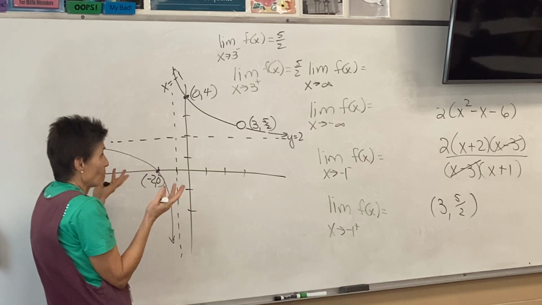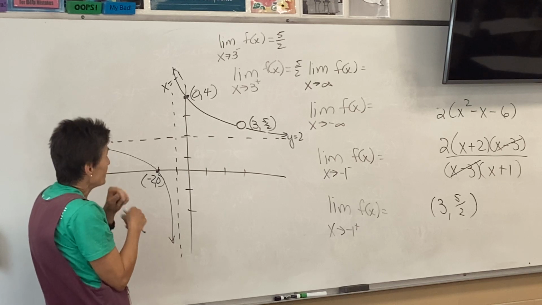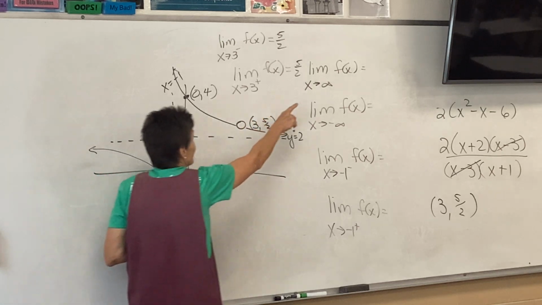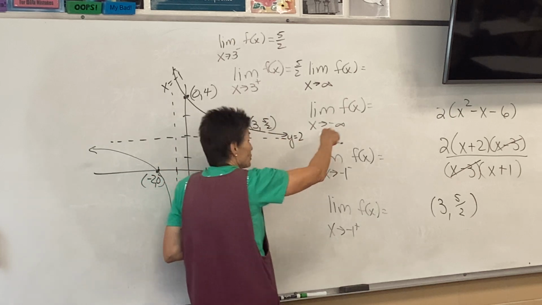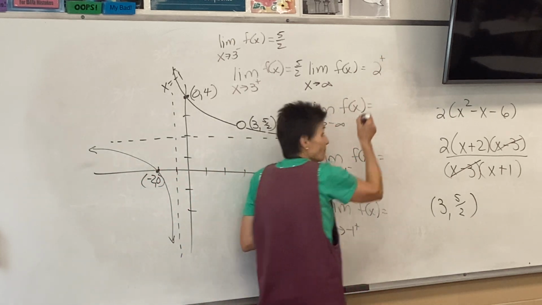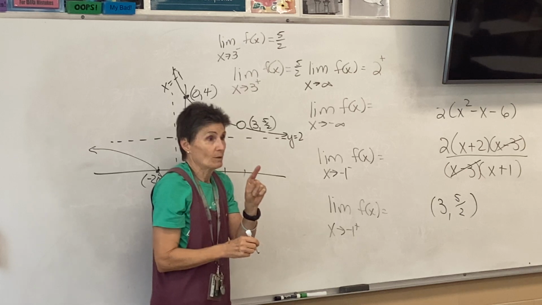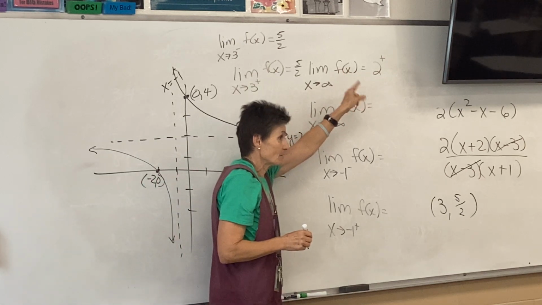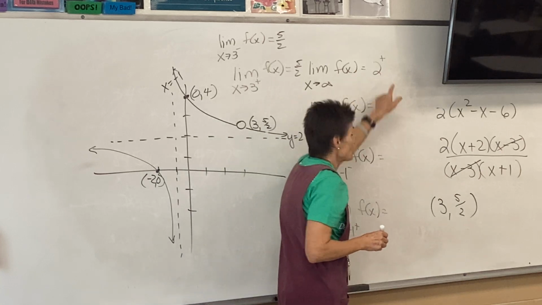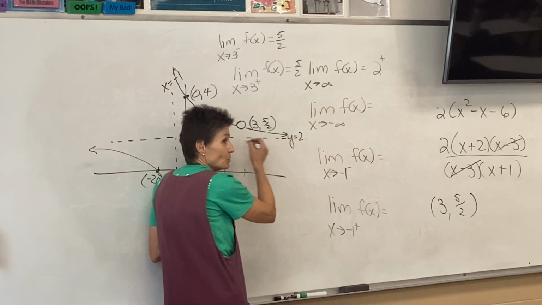You have your picture already. These are easy. What's my end behavior? Going to the right, I'm getting closer to 2 from the top. Remember, limit values are y's. These are y's. So I'm getting closer to where y is 2.